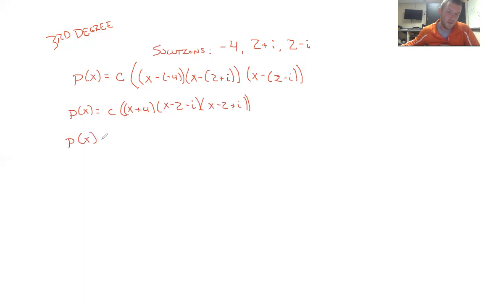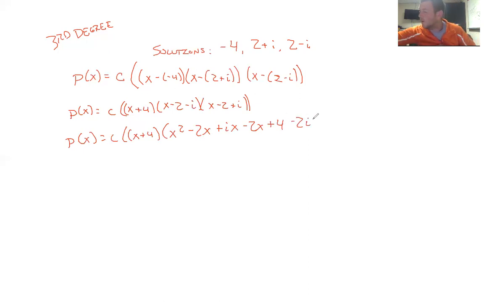So my P of x is equal to c. Always do these two first, because then it gets a lot simpler. x plus 4. When you FOIL that, x times x is x squared. x times -2 is -2x. Plus ix. And then go to -2, -2x. Positive 4. -2i. Keep going. Okay.